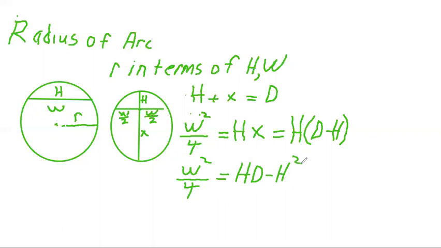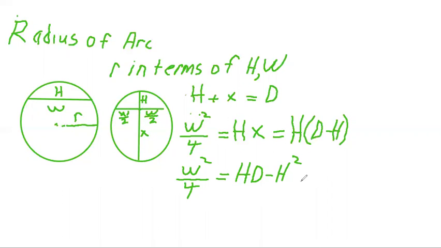Right? Okay, y'all. And you see, we are trying to find the radius in terms of H and D. So if we keep going here, let's see here. Am I running out of room here? Well, I think I still have enough room.